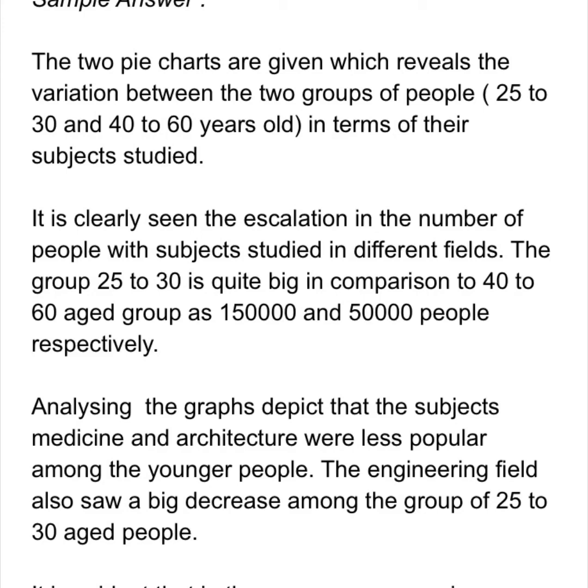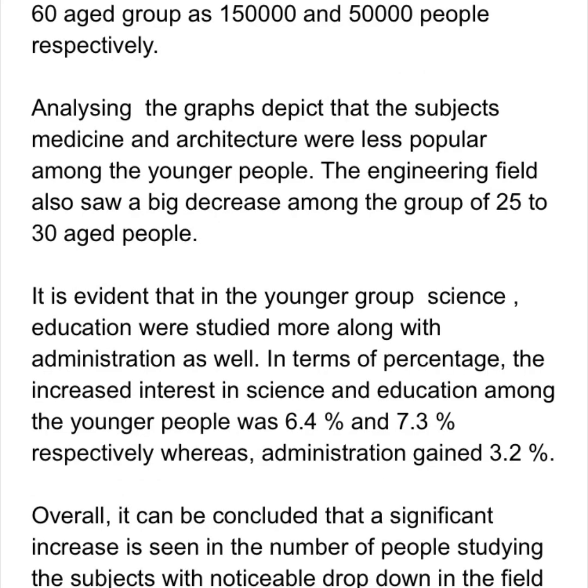Now writing the next paragraph including the data analysis. Analyzing the graphs depicts the subjects medicine and architecture were less popular among the younger group. The engineering field also saw a big decrease among the group of 25 to 30 aged people. So this we have written from the data analyzed in chart 1 as well as in chart 2. Whatever increase we have noticed, we have written that part as well in the next paragraph.